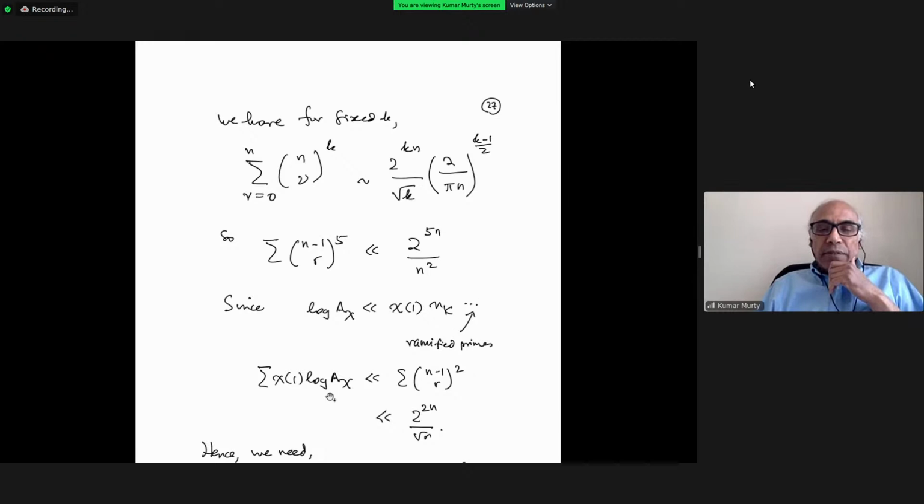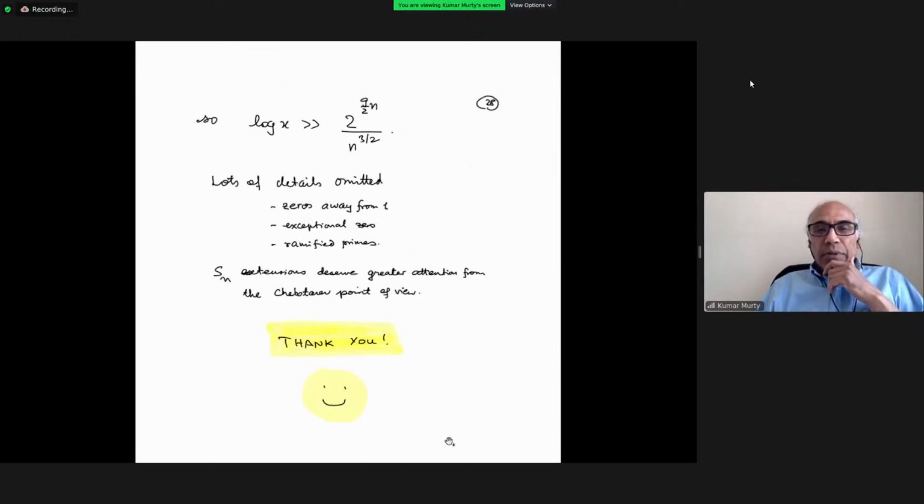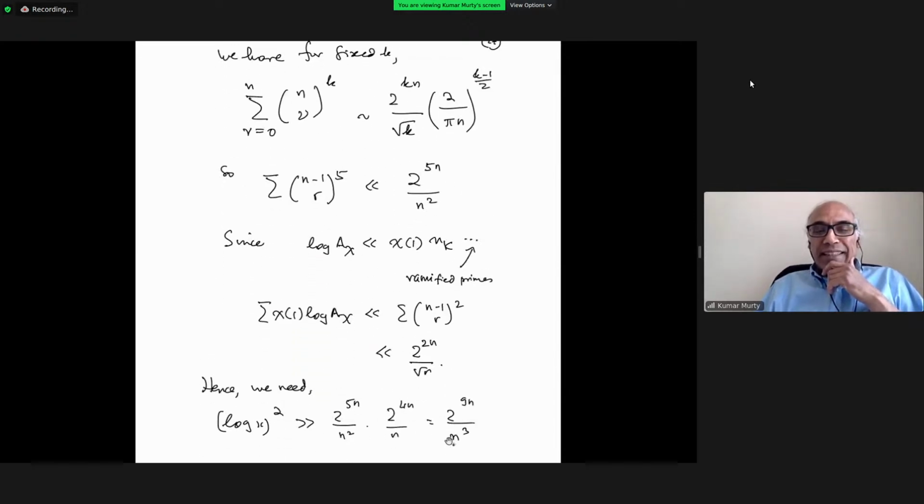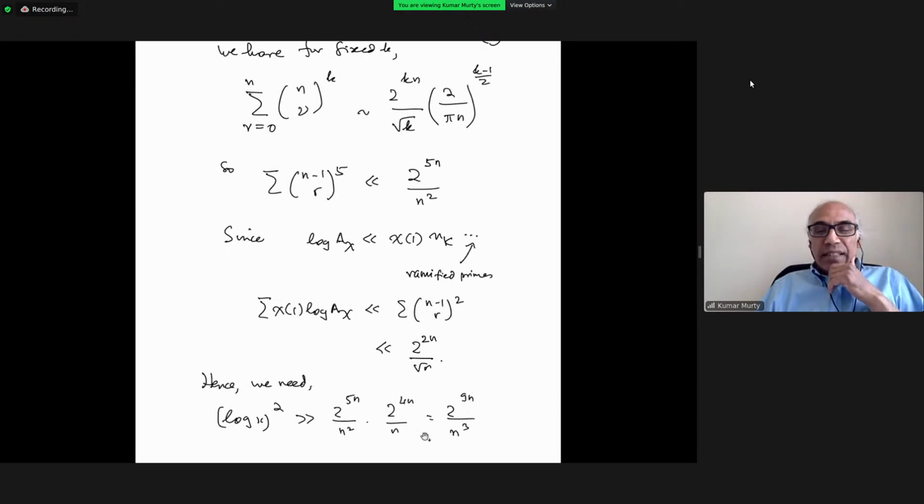And so this chi of 1 log a chi, again, if for a moment you ignore the n_k, it's roughly this n minus 1 choose r squared. So you get 2 to the 2n over root n. And putting all this together, you get that you need log x squared to be bigger than 2 to the 9n over n cubed. So that gives you a bound on x.